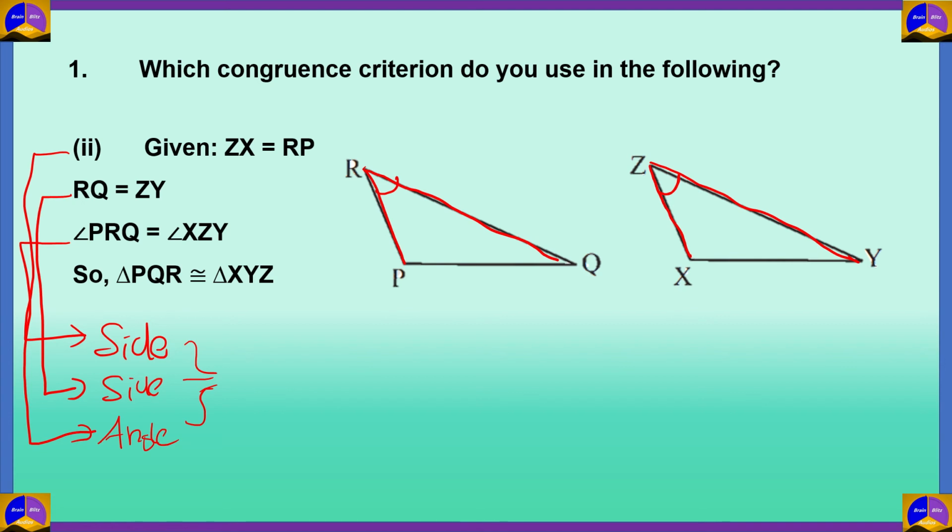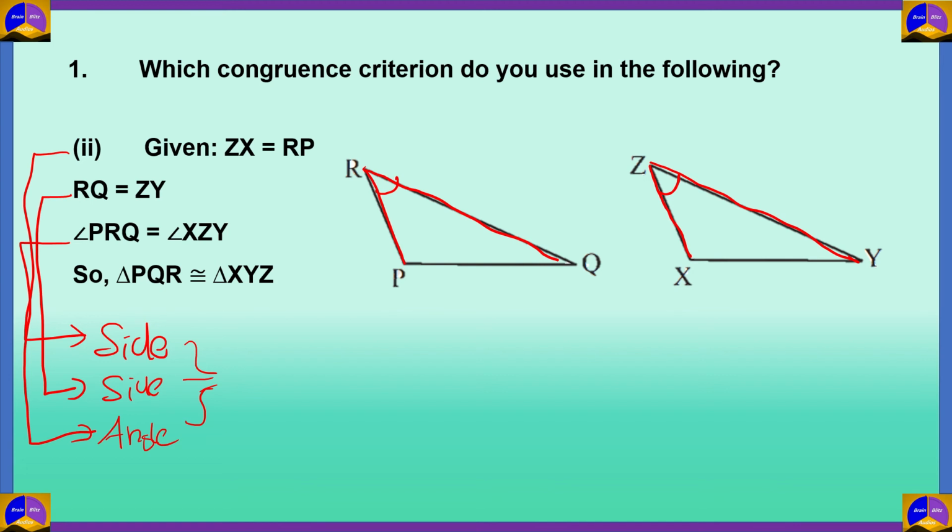Now we can see side, side and angle. We can form the SAS congruency criteria, but we have to check if the angle is between the two sides. As we can see, PRQ is between PR, RP and RQ, and XZY is between ZX and ZY.